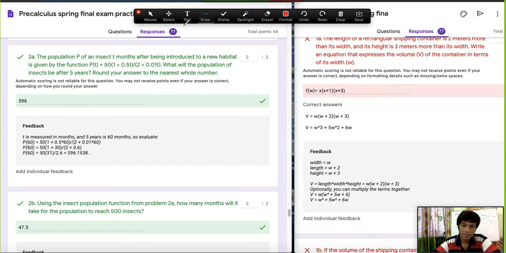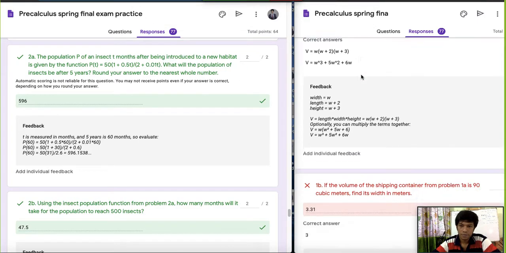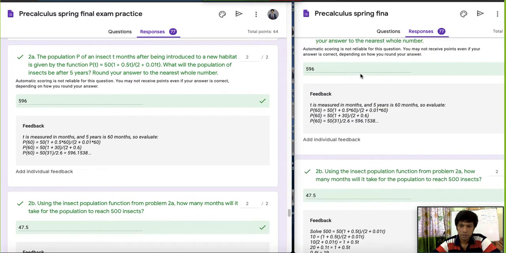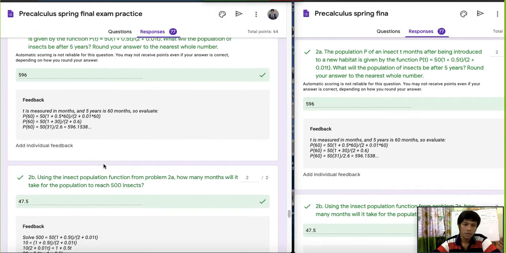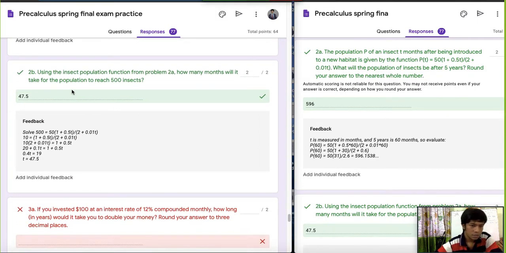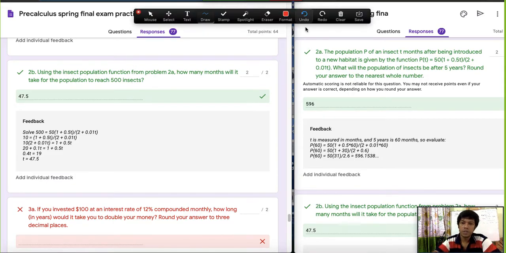Next part is, using the insect population function in problem 2a, how many months will it take for the population to reach 500? So we need 500 population.